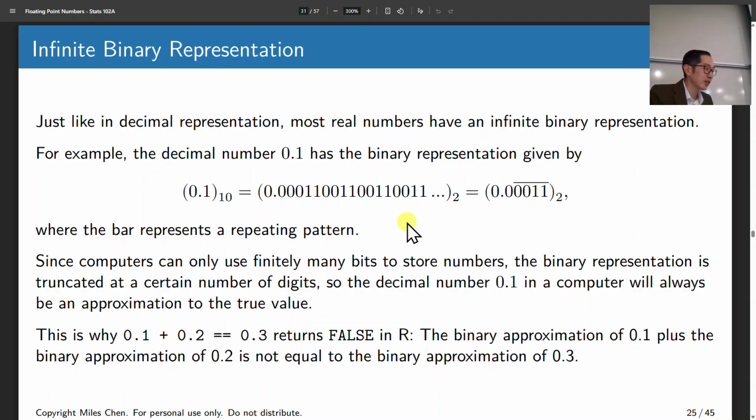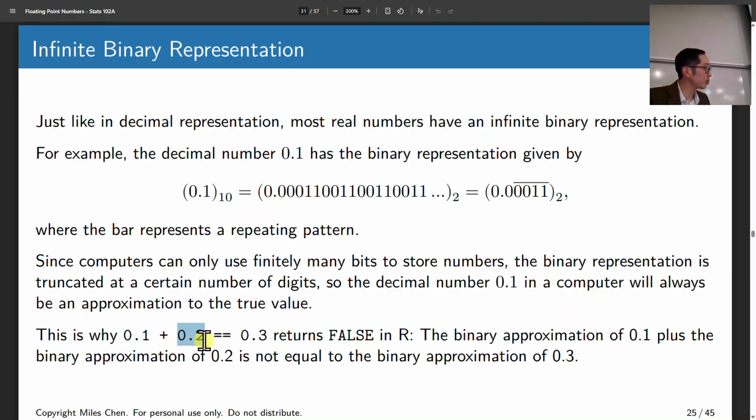And again, we cannot represent the entire number with infinite precision. We have to truncate it at some point, and we don't get the exact value. We just get an approximation. So when you try to represent the value 1/10 in binary, you have an approximation.